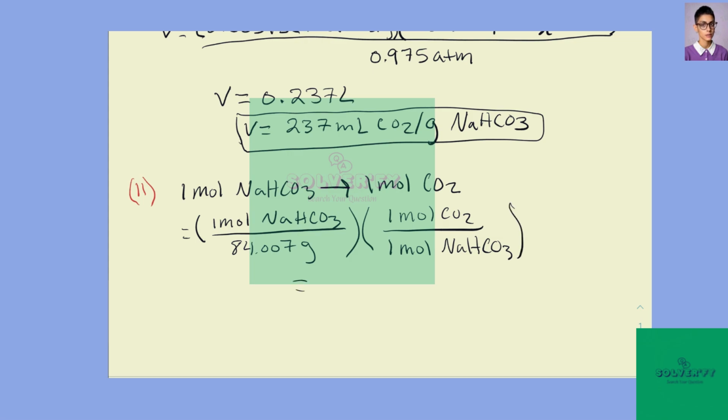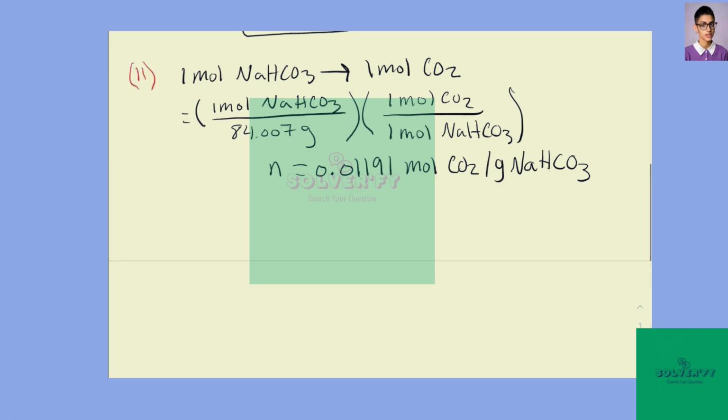Alright, so when we calculate this out, our moles is going to equal 0.01191 moles of CO2 per gram of our sodium bicarb. Then we just plug this into our PV = nRT, solving for volume, using our new number for moles.